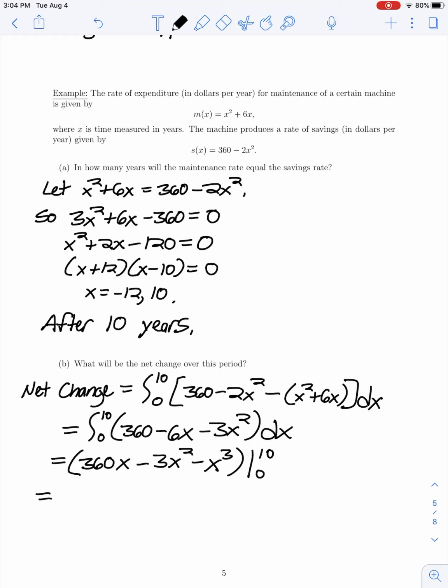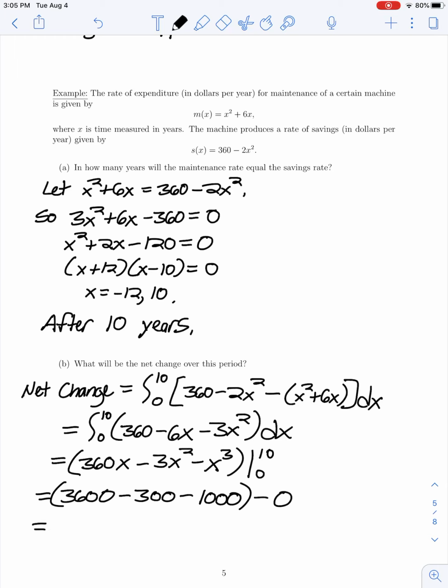So evaluating this antiderivative at x equals 10, we have 360 times 10, which would be 3,600, minus 3 times 10 squared is 300, minus 10 cubed, which would be 1,000, and then we subtract the value that we get by evaluating at x equals 0, which is 0 here.